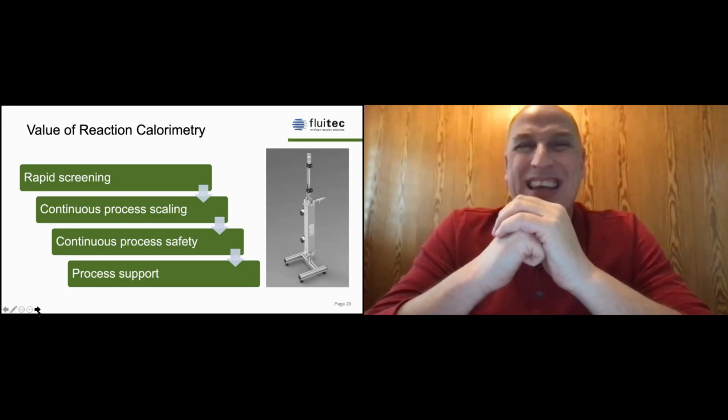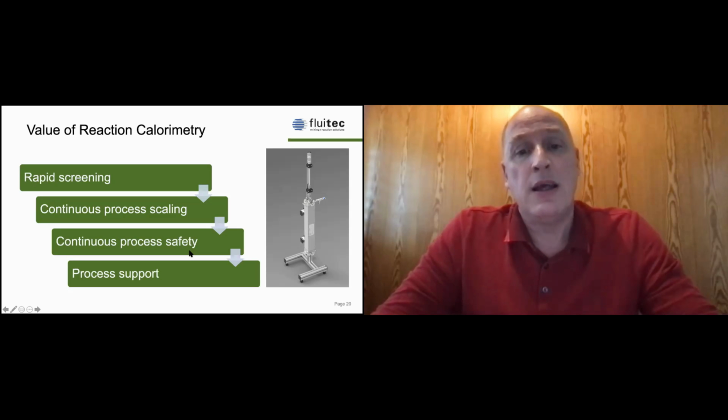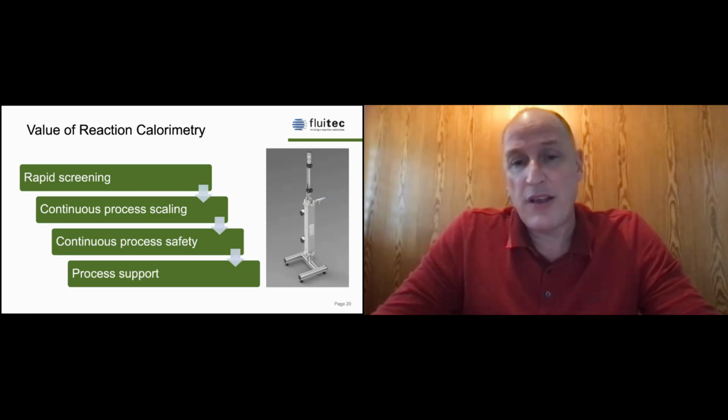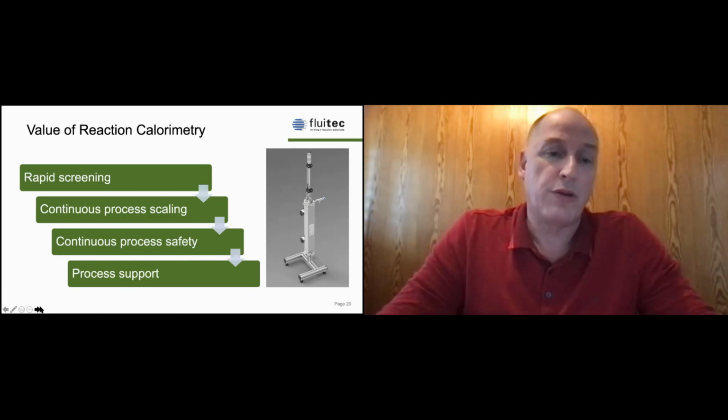And here you see the four values which are good for the reaction calorimeter. We can do rapid screening, continuous process scaling, and process safety and support. So what does that mean?